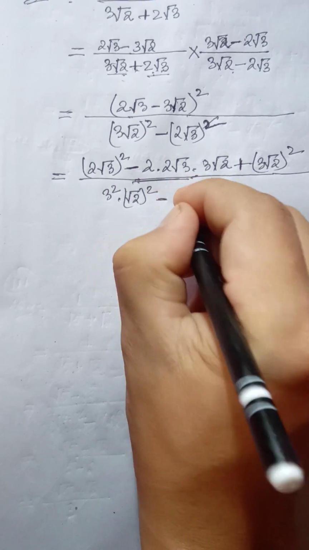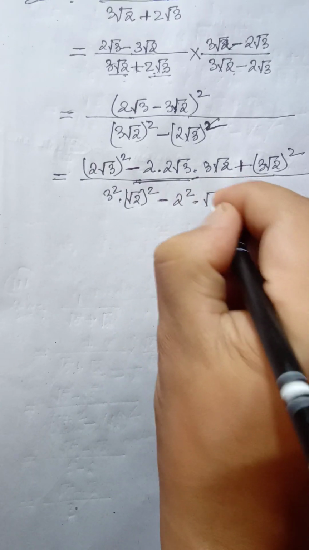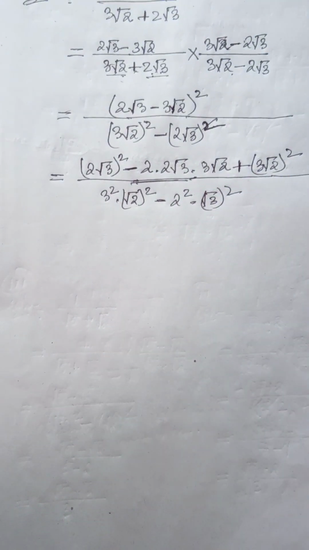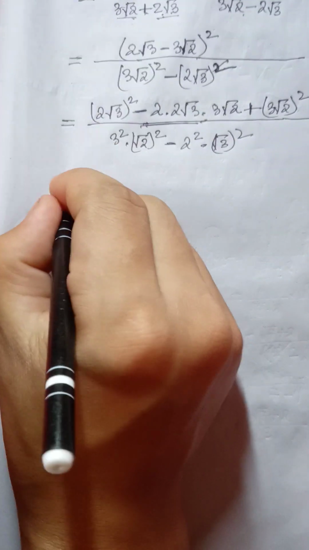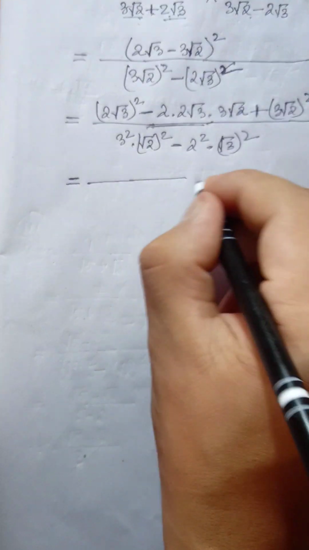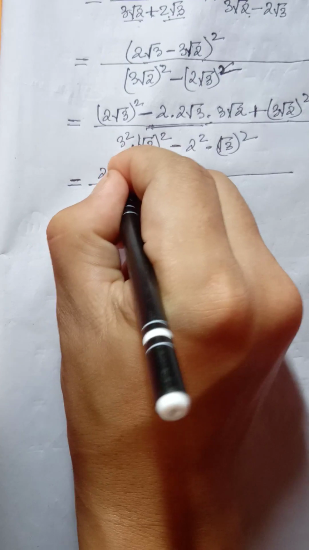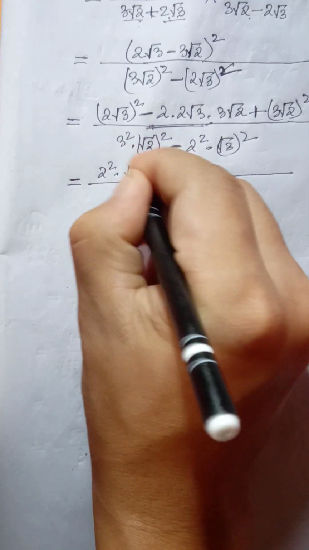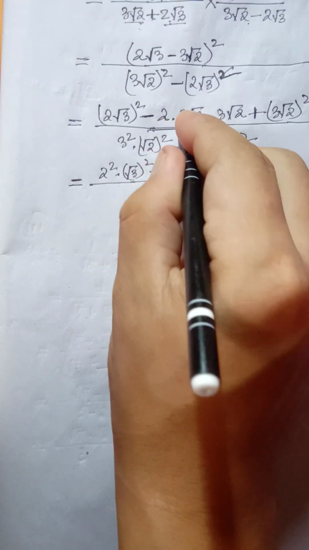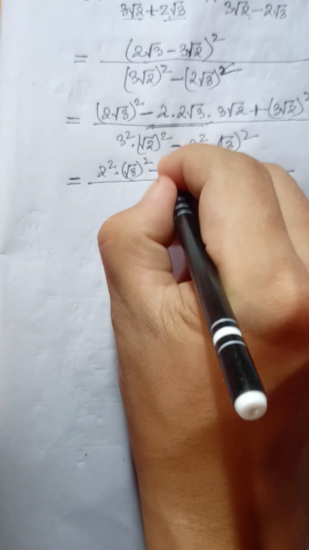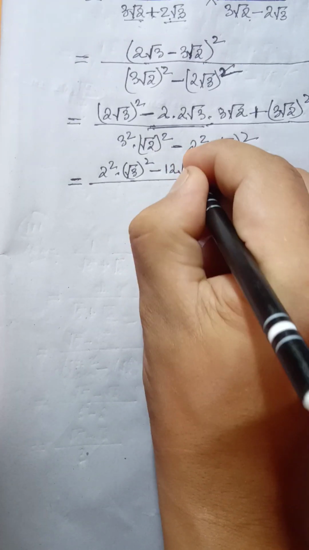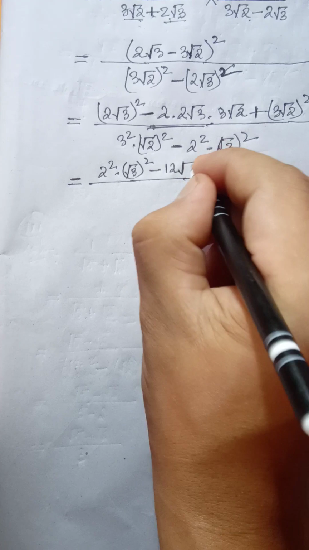Okay, minus 2 square, and here it will be root 3 square. Okay, 2 times 3, that will give you 4. 4 times 3, that will give you how much, 12. Okay, and root 3 times root 2, that will give you root 6.